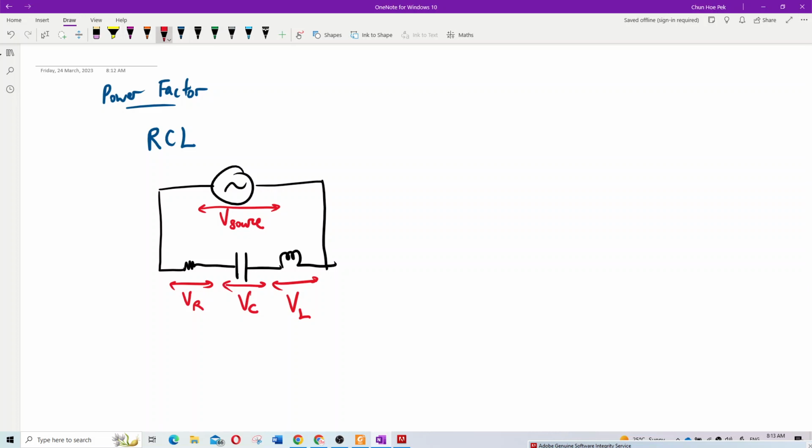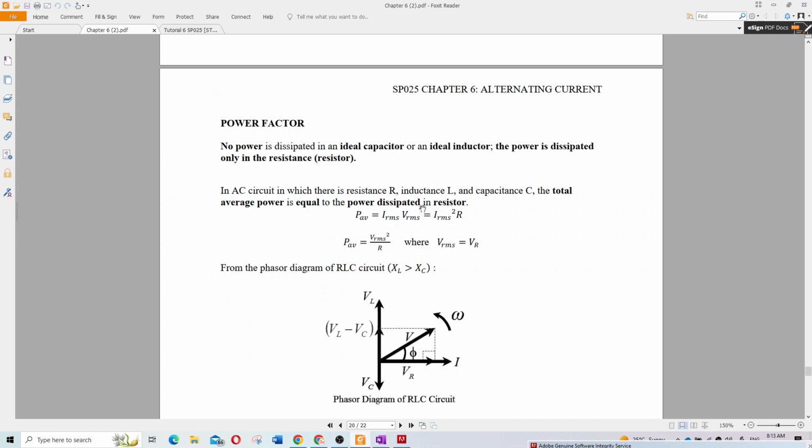Let's say I want to find the average power for this RLC circuit. What is the average power? It is the power dissipated in resistor only.